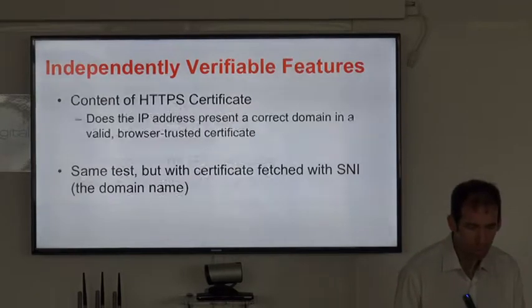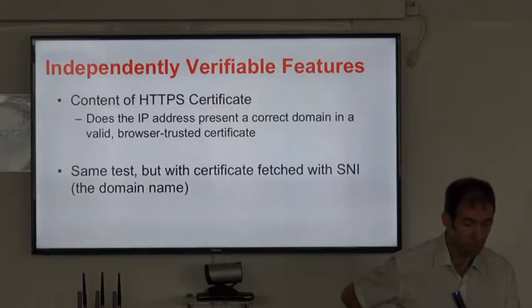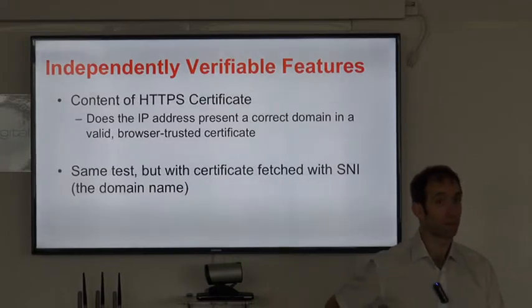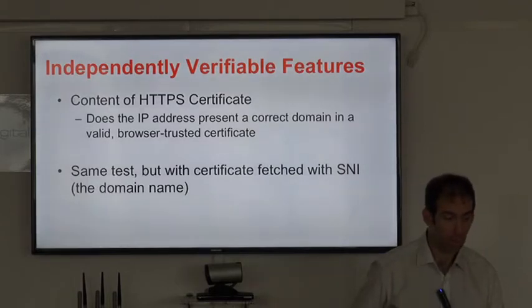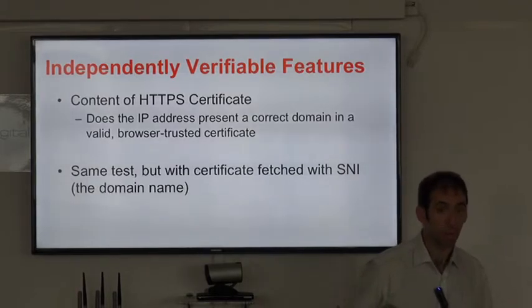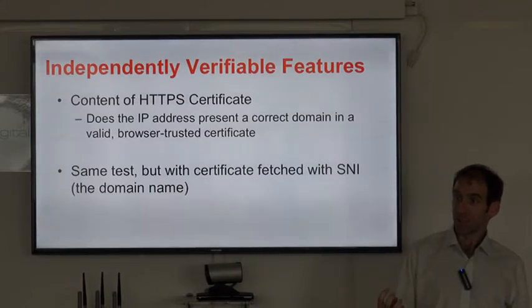Okay. In addition to consistency, there are things that we can verify independently, right? So if the IP is serving a certificate for that domain, we can see: is the certificate returned actually correct? Does it actually refer to the domain that we fetched?